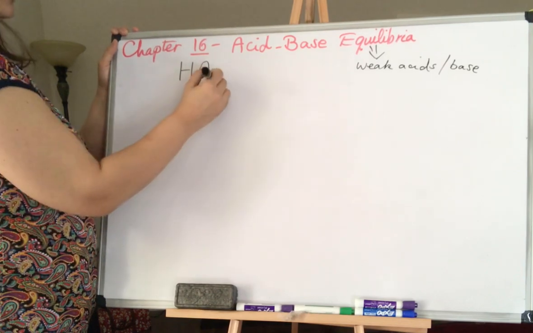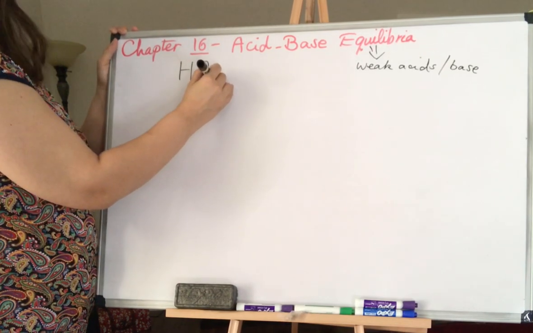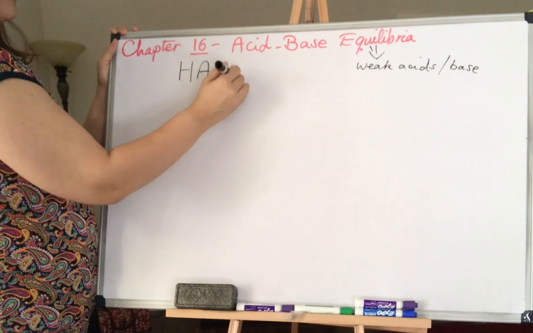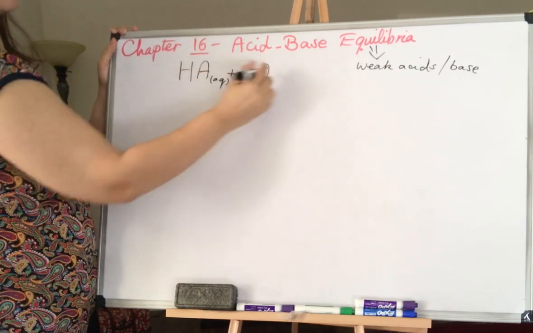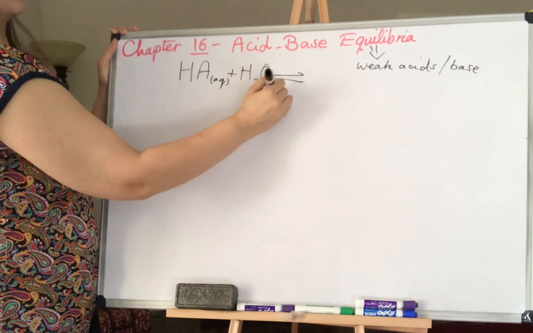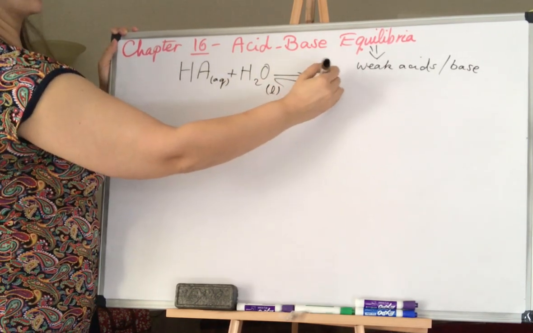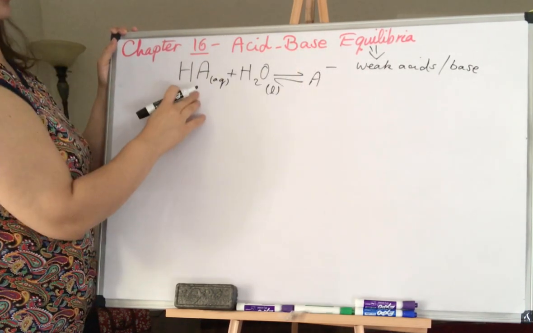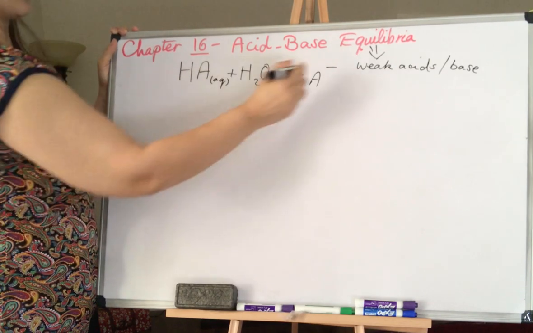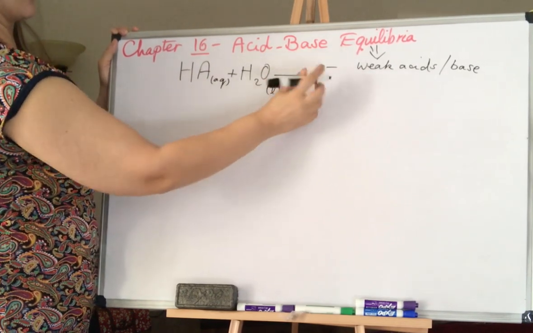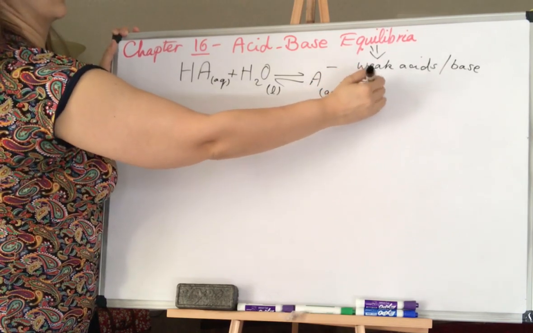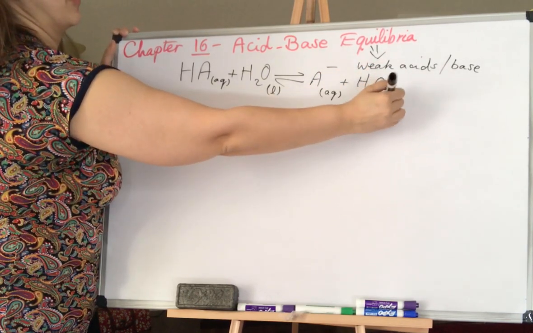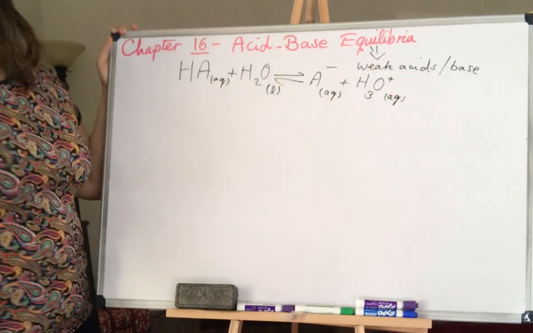For the weak acids, we write their equilibrium, or let's say we call it hydrolysis equation, with this equation. This is an acid, so it's going to donate its proton and it changes to an anion, then it will produce hydronium ion. Okay?